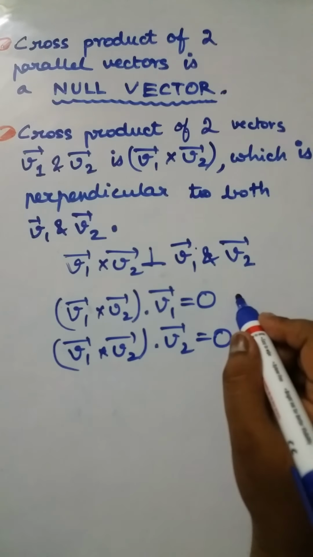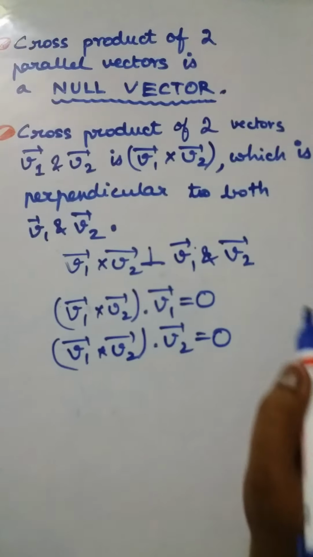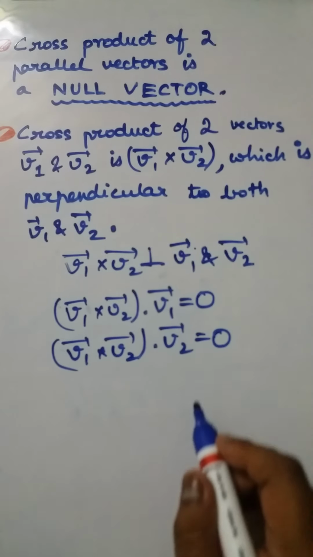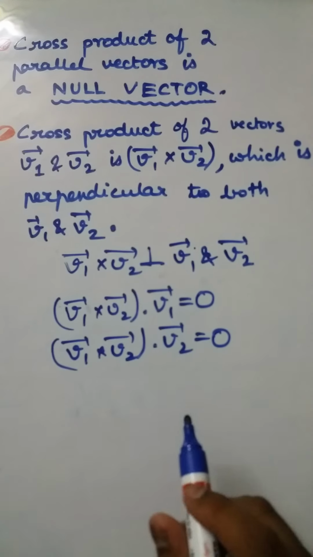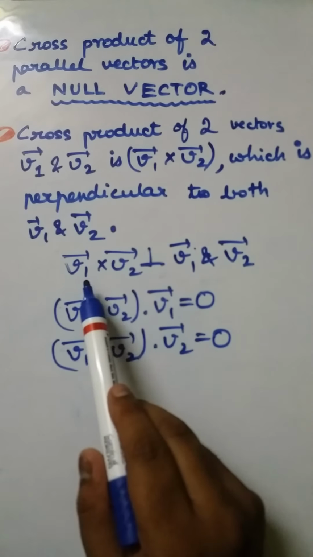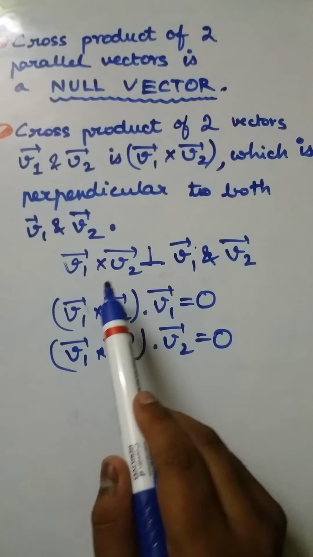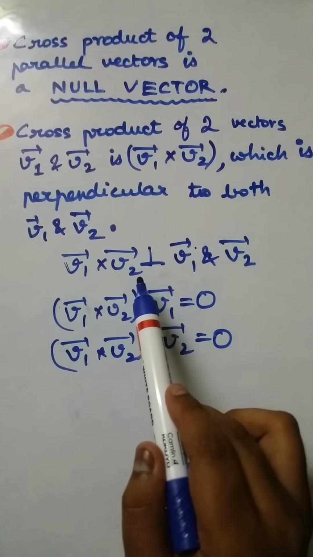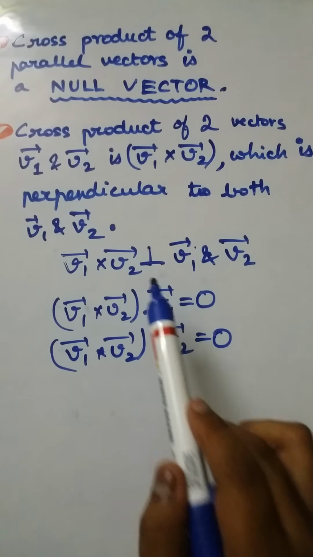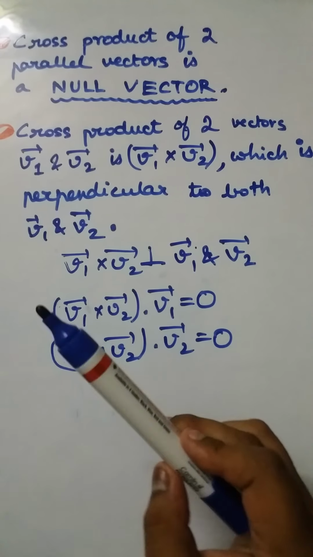Since the dot product is the magnitude of v1 times the magnitude of v2 times cos theta, and the angle between v1 and v1 cross v2 is 90 degrees, cos of 90 degrees is 0, and the angle between v2 and v1 cross v2 is also 90 degrees, so cos of 90 degrees is 0. That's why these are the results.